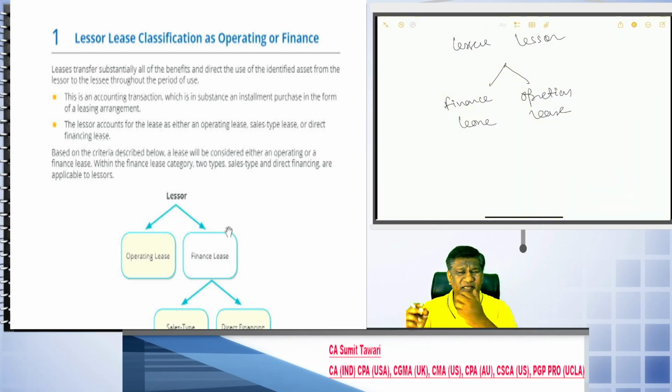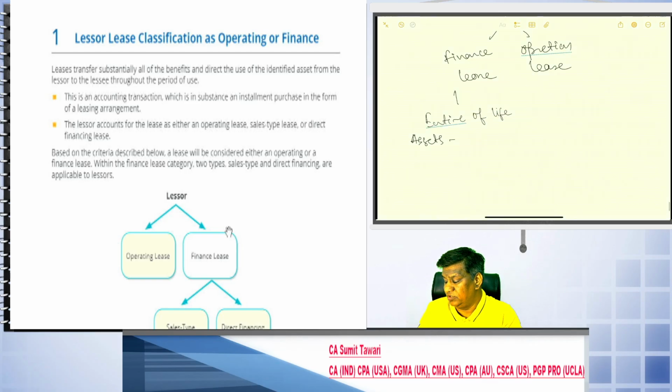Finance lease, I'm just giving a rough idea, then we will do it in detail. When you are using the entire life of the asset on lease, then you need to consider it a finance lease. It is just like that.